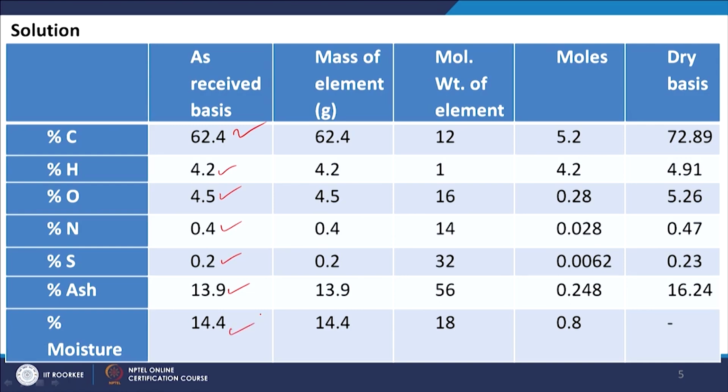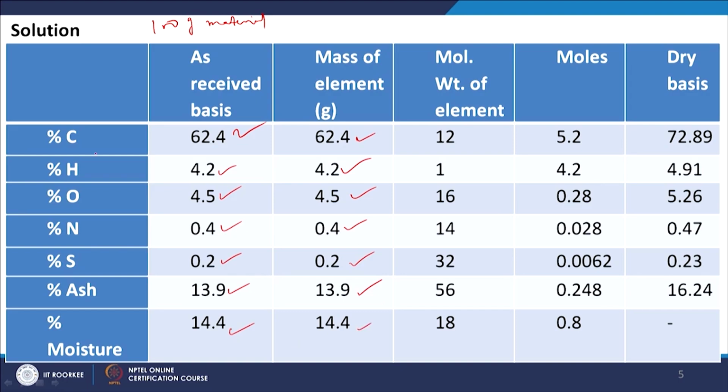So, if we assume 100 gram of material, carbon is 62.4 gram, hydrogen is 4.2 gram, oxygen 4.5 gram, nitrogen 0.4 gram, sulfur 0.2 gram, ash 13.9 gram and moisture 14.4 gram.